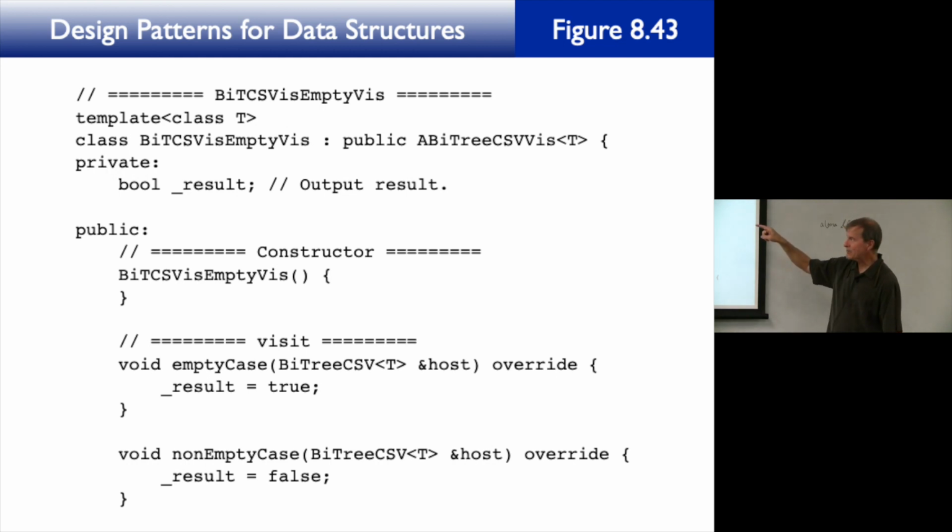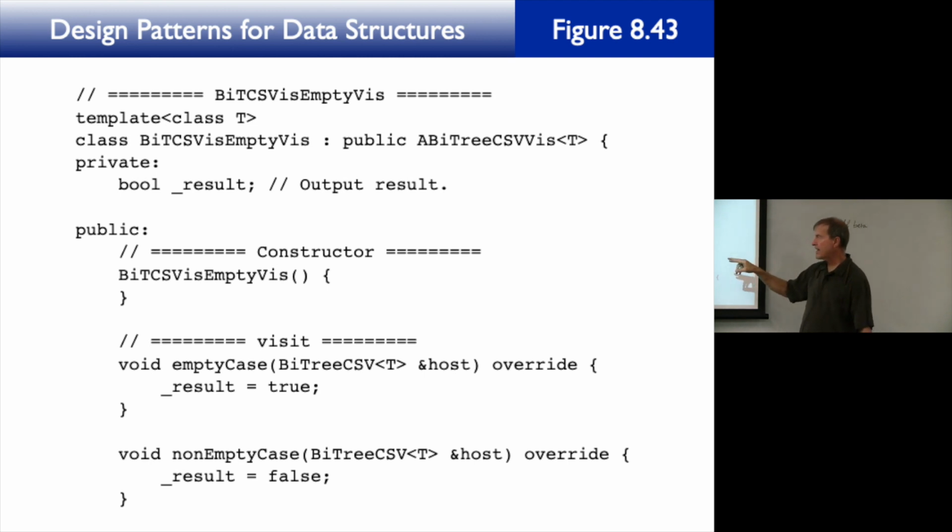And what attribute does it have? Underscore result, which is type Boolean. And why is that? That's because it's non-void, and so we're going to have to return that. And in the constructor, we don't have to initialize anything. And by the way, now let's take a look at the empty case.